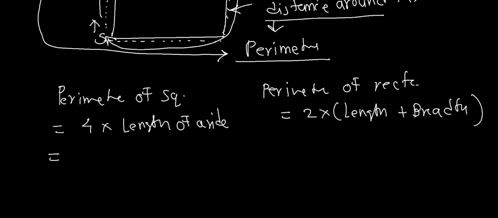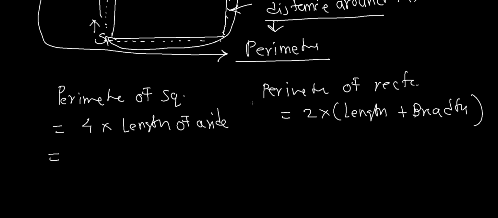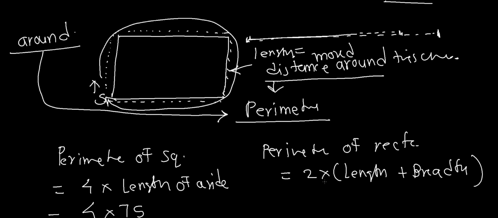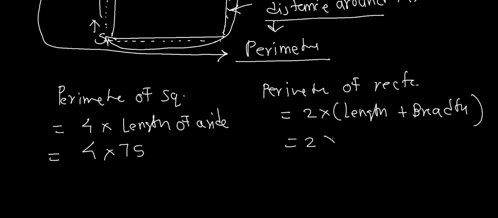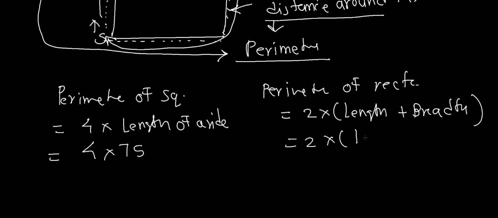The length of a side is given: Pinky runs around a square field of side 75 meters, hence 4 into 75. And for Raju's rectangular field, the perimeter of the rectangle equals 2 into length, which is 160, plus breadth, which is 105.